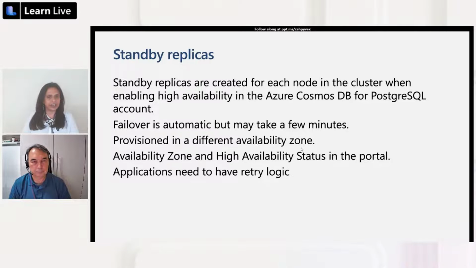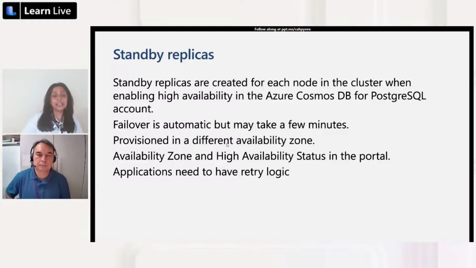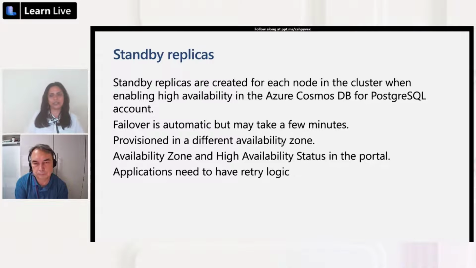You try to reconnect again, and then as soon as the standby gets promoted to the primary, it will automatically connect. Again, it gets provisioned in a different availability zone, and you can see what the availability zone is, what the high availability status is. You can find all that in the portal.